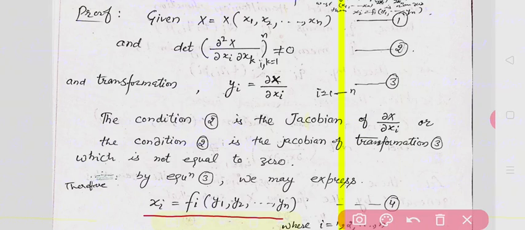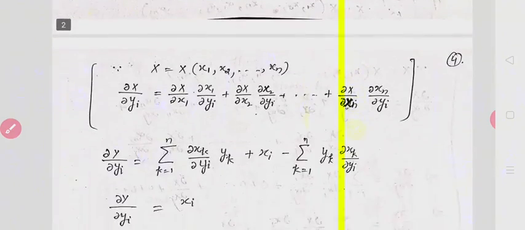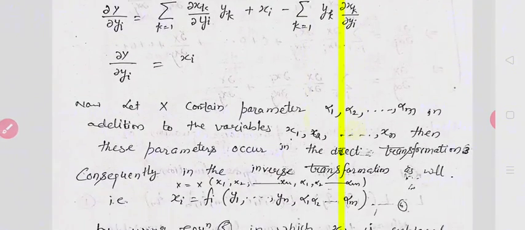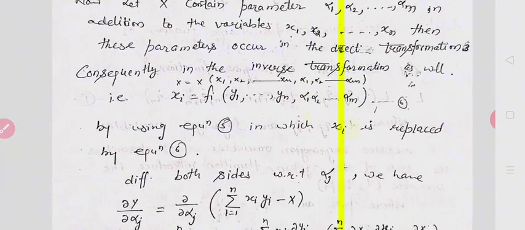So xi will be a function of y1, y2, y3, ..., yn and alpha 1, alpha 2, ..., alpha m. So you can say that this will also be contained in the inverse transformation, right?